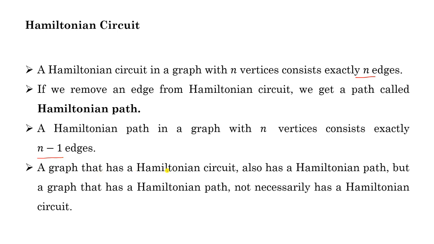If a graph has a Hamiltonian circuit, then automatically it will have a Hamiltonian path, because you can get a Hamiltonian path by removing one edge from the Hamiltonian circuit. But if a graph has a Hamiltonian path, it is not necessary that a Hamiltonian circuit exists. It may or it may not.